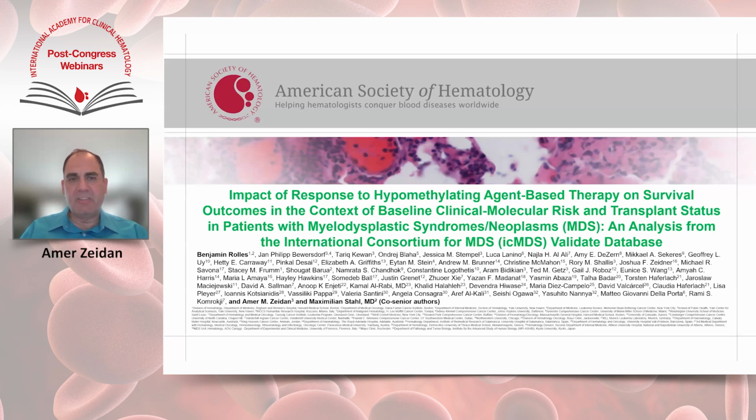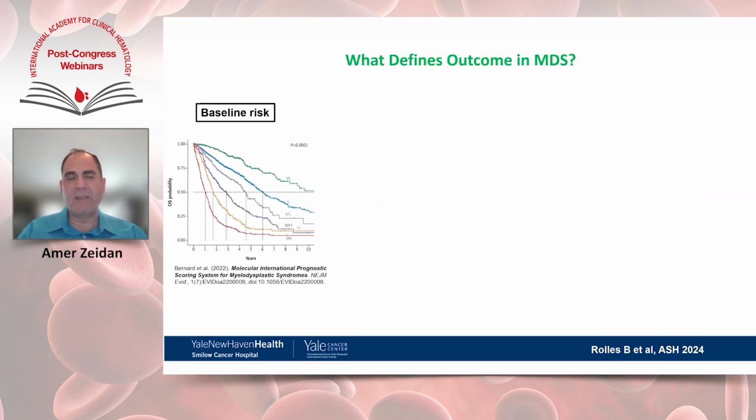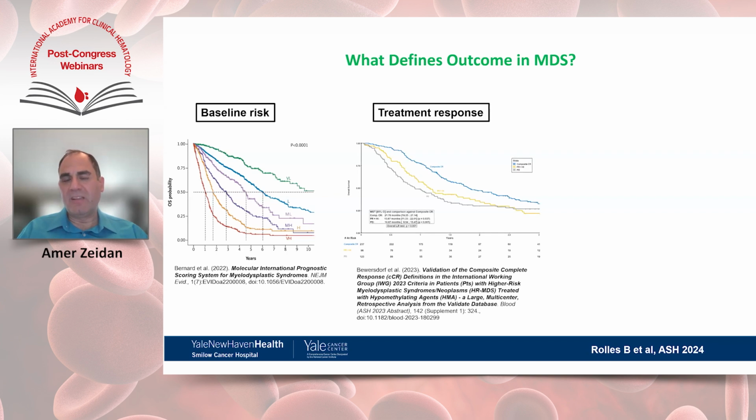So in this presentation, on behalf of the International Consortium for MDS by Dr. Rolls, the idea was to look at the interaction between the response rate and the transplant in terms of understanding the outcome of those patients. What we know is that the baseline risk, according to the IPSS and the IPSSM, affects the risk. We know that the treatment response historically affects the risk.